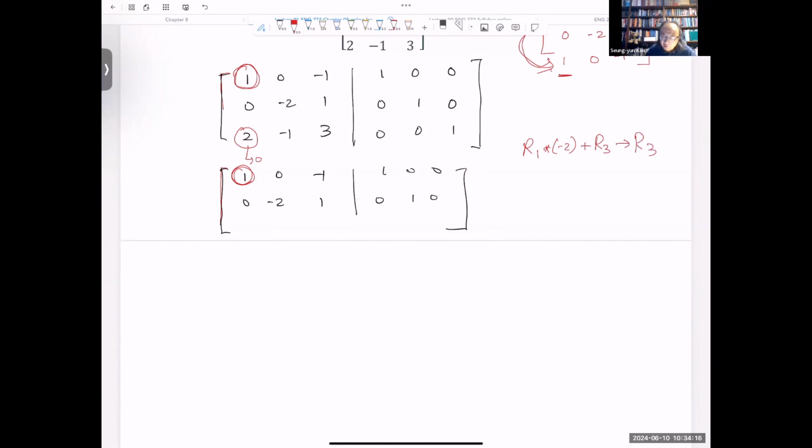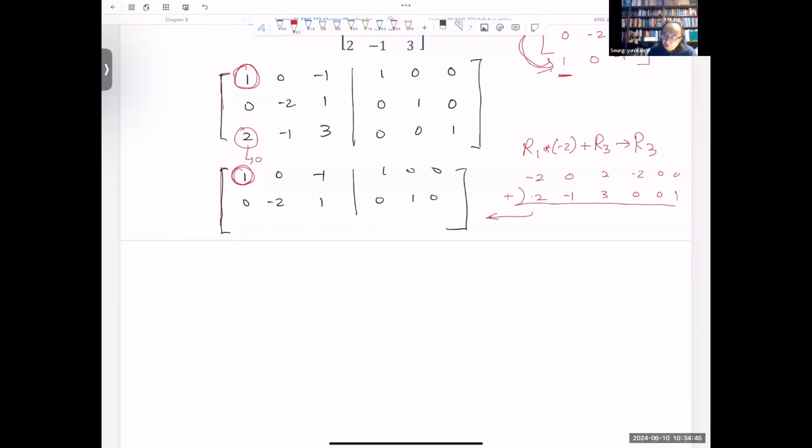That's going to make the first column, third row, be 0. R1 times negative 2: negative 2, 0, positive 2, negative 2, 0, 0. There are 6 numbers. And then R3: 2, negative 1, 3, 0, 0, 1.